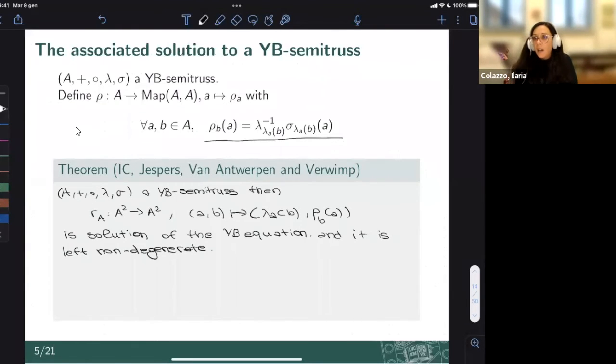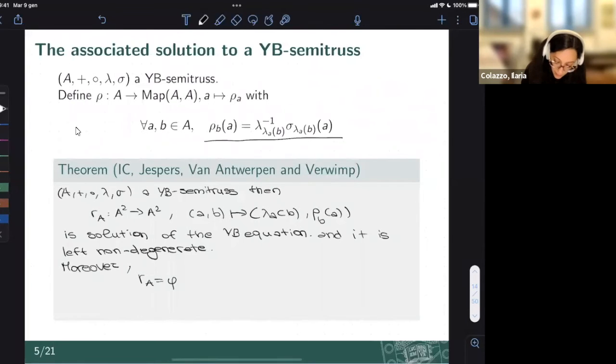Moreover, Charlotte mentioned the derived solution of a left non-degenerate solution. We can always define a derived solution. In this case, the connection between the solution associated to a Yang-Baxter semitruss and its derived solution is really, really strong, and we have that R is nothing else but phi inverse.